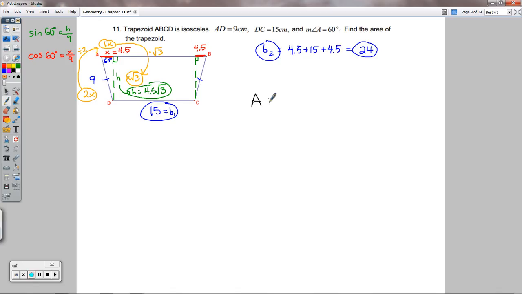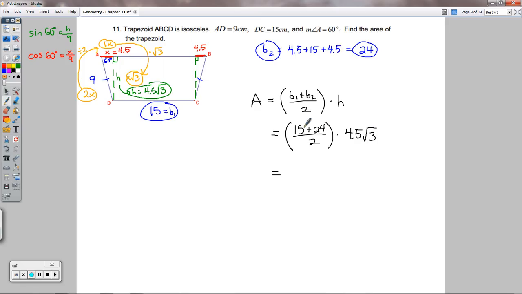So the area is going to be the average of the bases times the height. We know B1, one of the bases is 15, the other one is 24. We're dividing that by 2 and multiplying that by the height. So times 4.5 times the square root of 3.